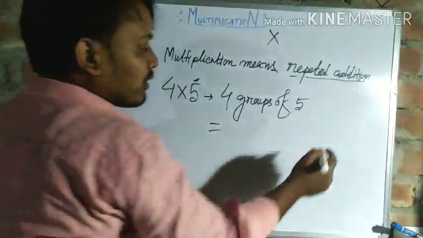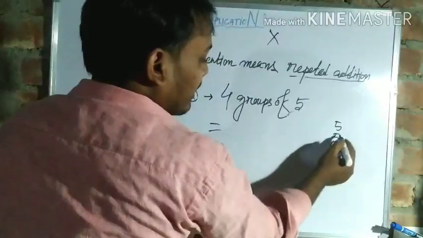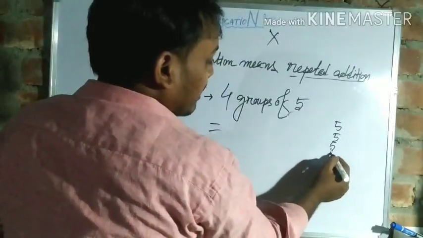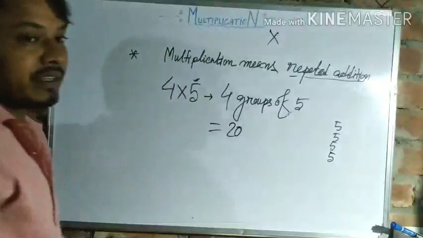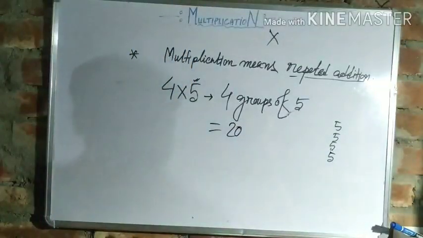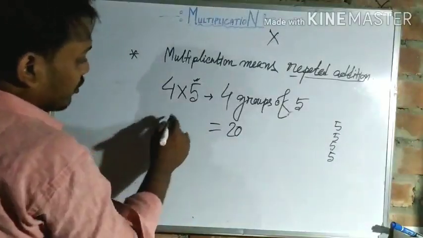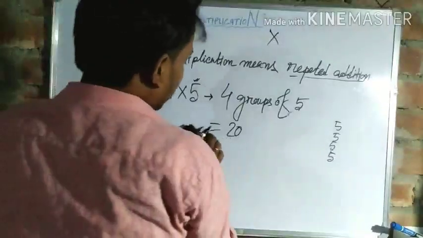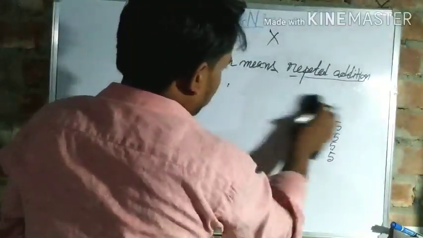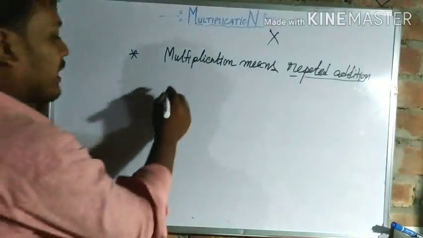So 1 group 5, 2 groups 5 plus 5 is 10, 3 groups 10 plus 5 is 15, then 4 groups 20. In this way you can define multiplication. Or you can say 4 fives equal 20.